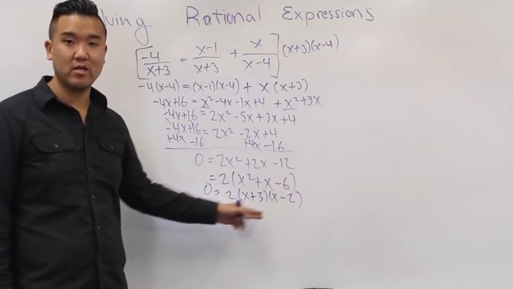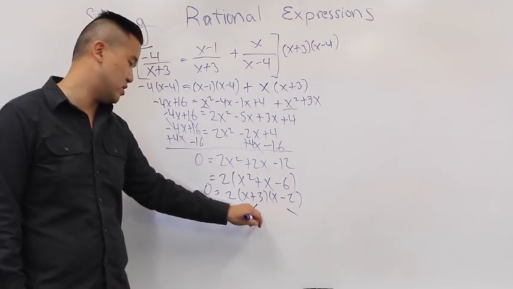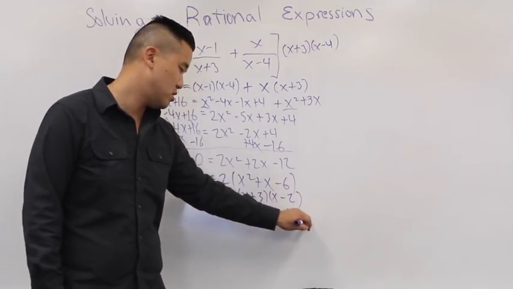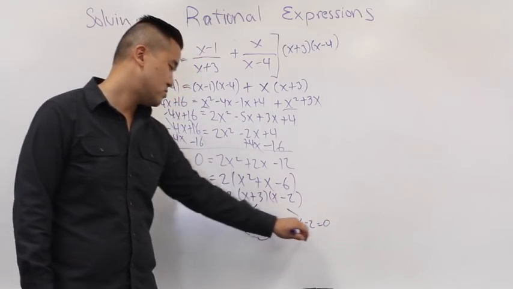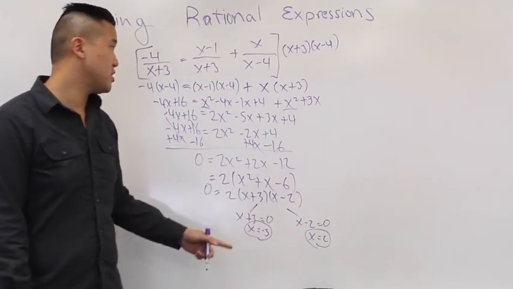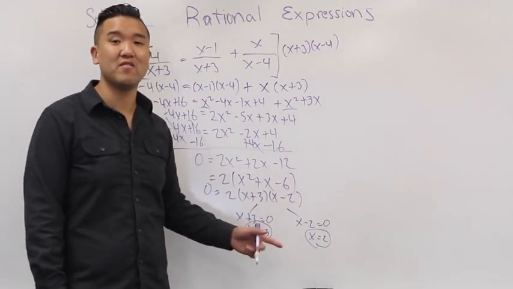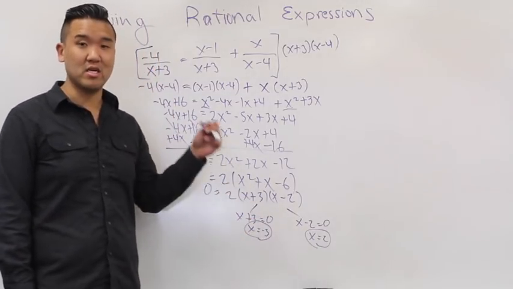So we factored it. Your last step is to set each of the factors equal to 0 using the zero product property. So you have x equals negative 3, x equals positive 2. Those are my two answers, but I need to check to see, does any of these make the answer undefined in the denominator? In other words, does it make the denominator 0?